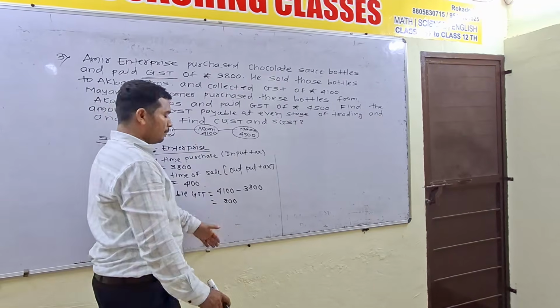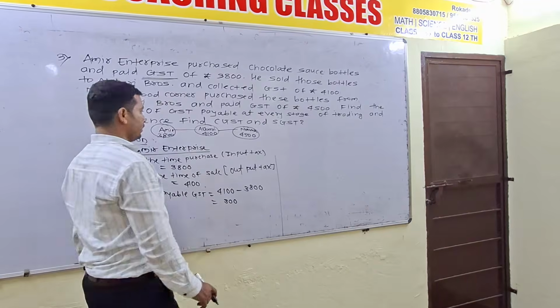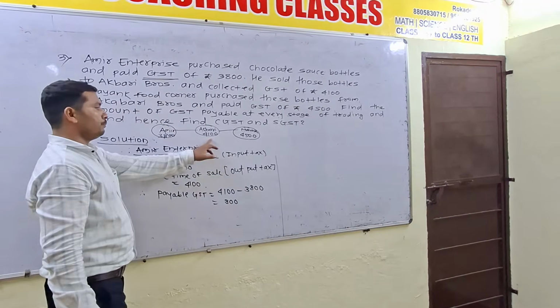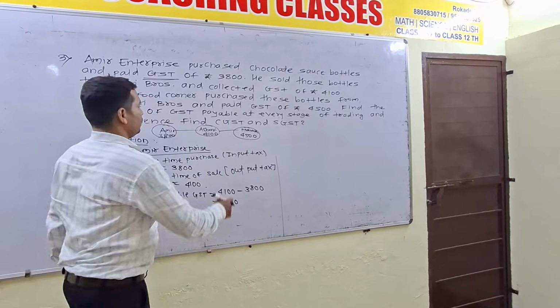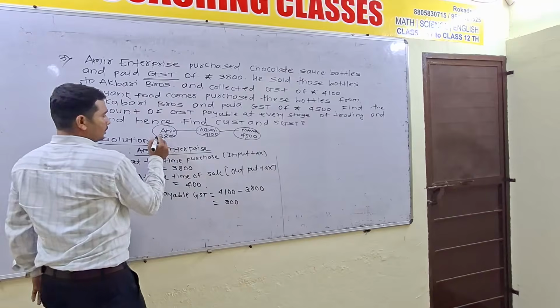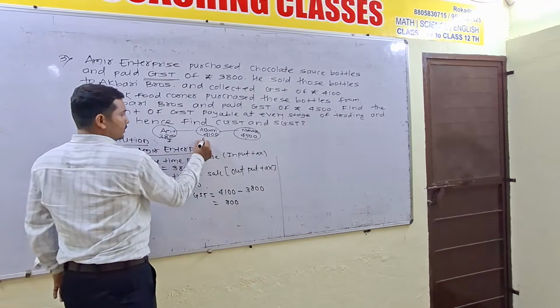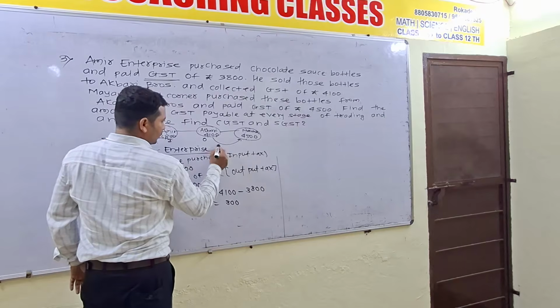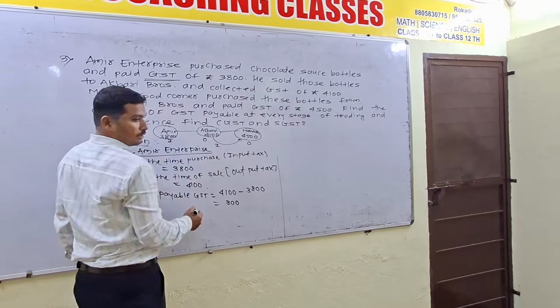We get a half of CGST and SGST after this. Next, the transaction with Mayank: there is an input tax and an output tax.